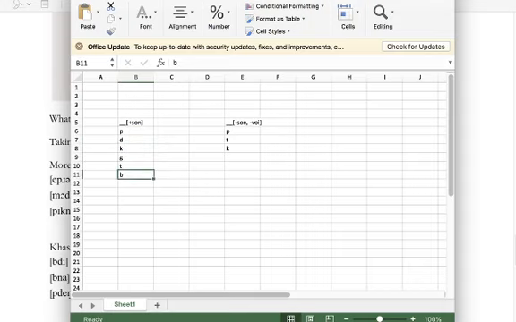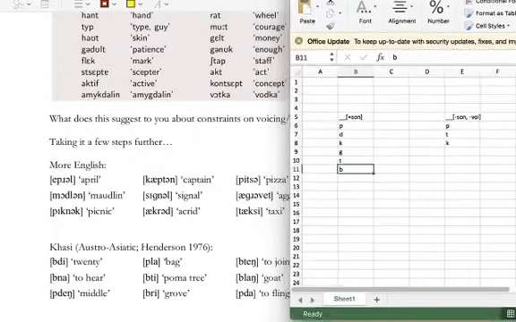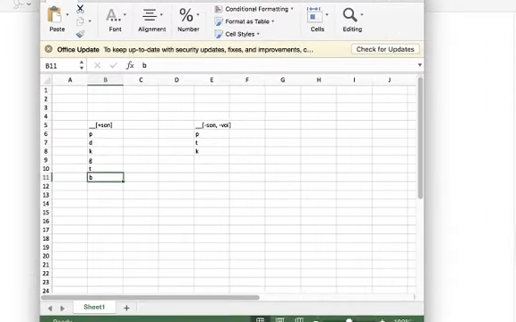And in fact, there are some near minimal pairs for voicing in these data. So for instance, acrid and aggravate. This is a voiceless stop and a voiced stop that appear in identical contexts, following an a vowel and preceding an r sound. I forgot to use the upside down r in this transcription, but that's what it is, showing us that the voicing feature is contrastive in that context.